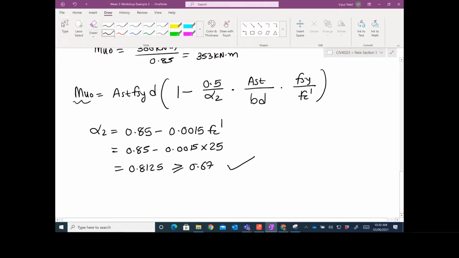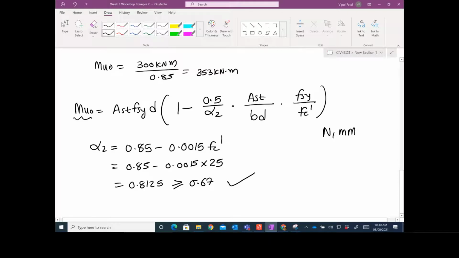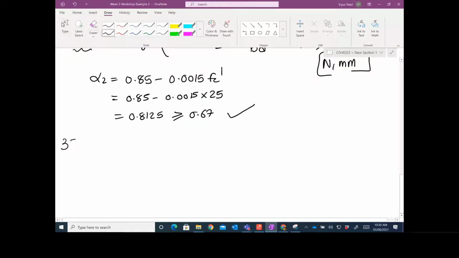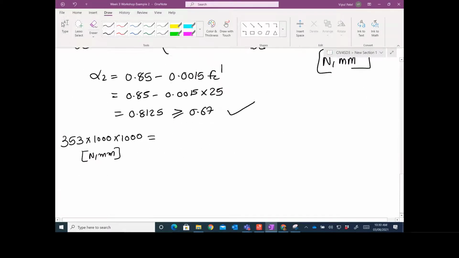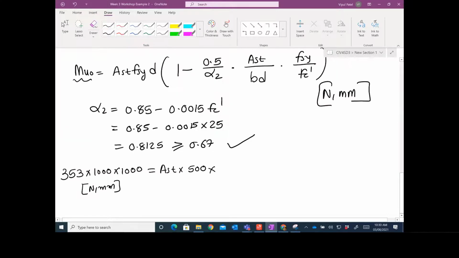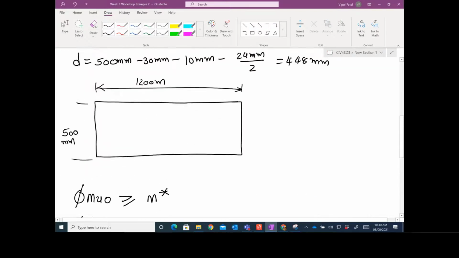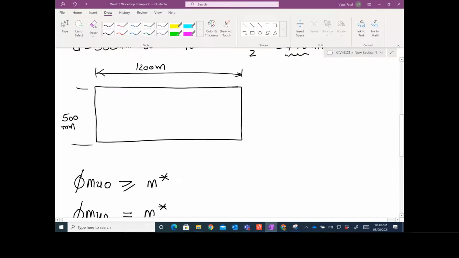So we substitute this MUO now, and let's keep the unit Newton millimeters. Let's keep it consistent. So 353, we need to make it kilonewton millimeters. So 353 times 1000 times 1000, that makes it Newton millimeters, equal to AST we need to find, times FSY 500 megapascals, right? Deformed bars. I think you know now where I'm talking about 500 megapascals and where it's sitting in our standard.